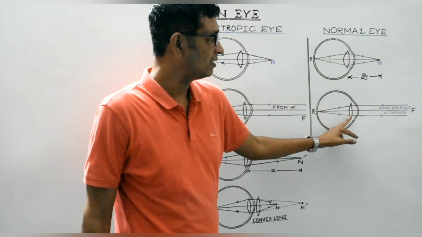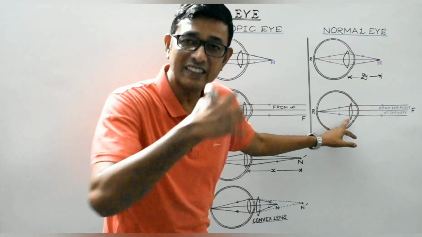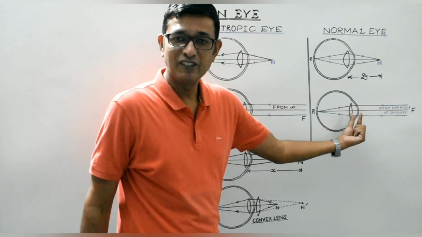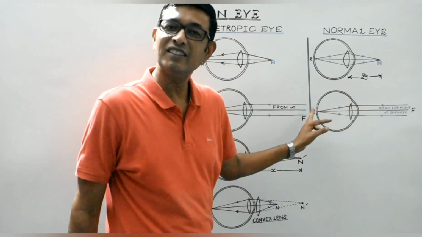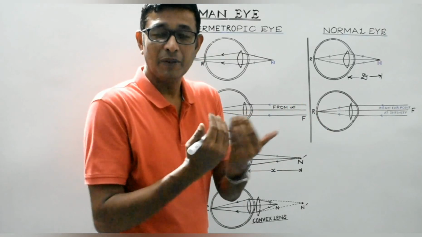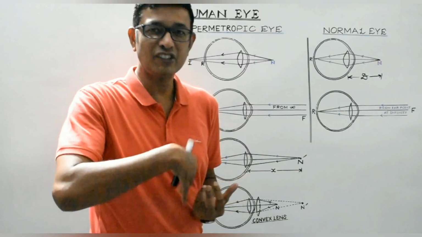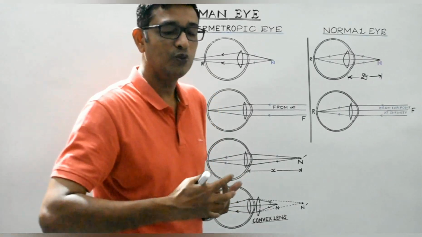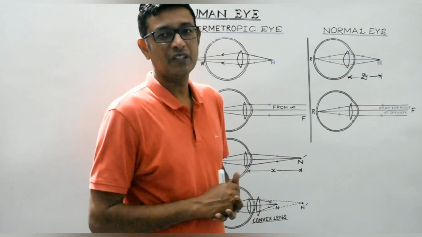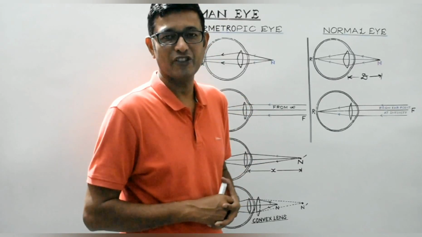And in case the normal eye is viewing a distant object, then the thickness of the eye lens is minimum and its focal length is maximum. So this ability of the eye lens to adjust its focal length so as to be able to see clearly the distant as well as the near objects, that is known as power of accommodation.